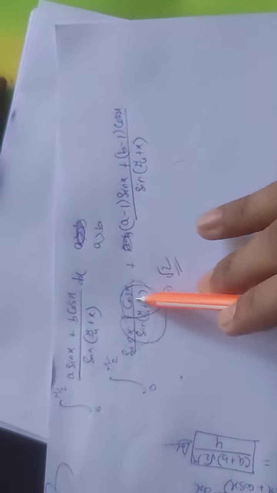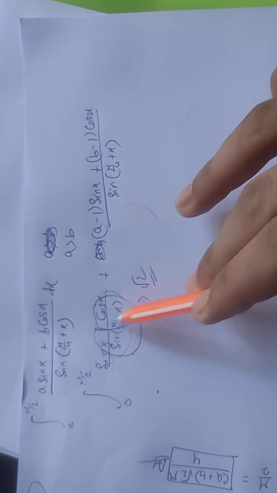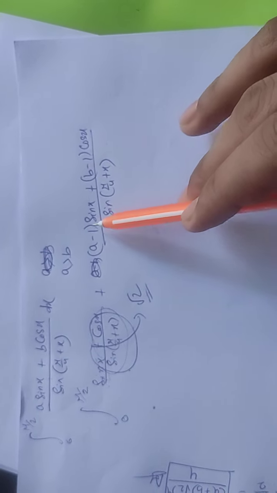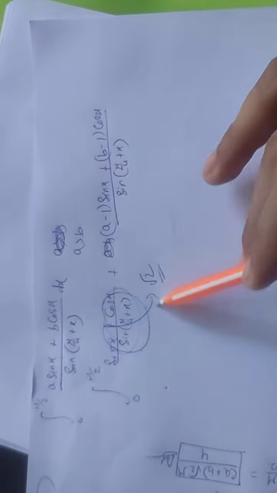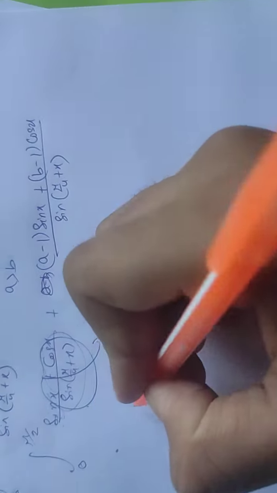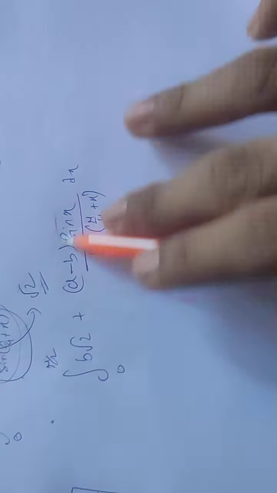Since you can see one term of root 2 is coming, we are writing a minus 1, b minus 1. So when we do b minus b, b times root 2 would have come here, so it will reduce like this, right?